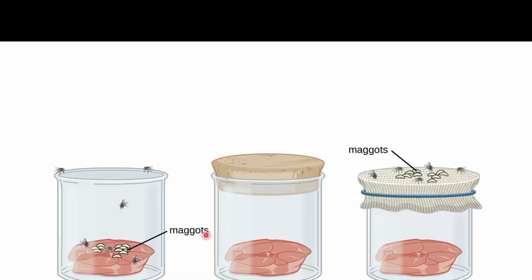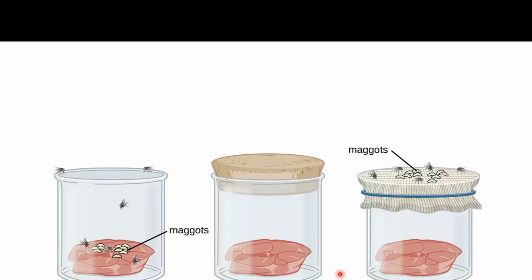The first up is Francesco Redi's experiment. So what did Francesco Redi do? He took a piece of meat and put it in a jar. When the jar was uncovered, there were flies and you could see maggots growing on the meat. Maggots are the larvae of flies. So when there is an open container, there is formation of maggots in the meat.